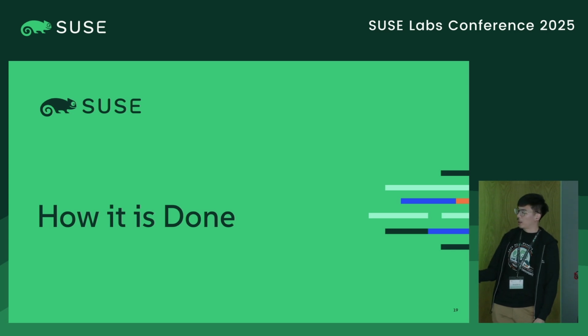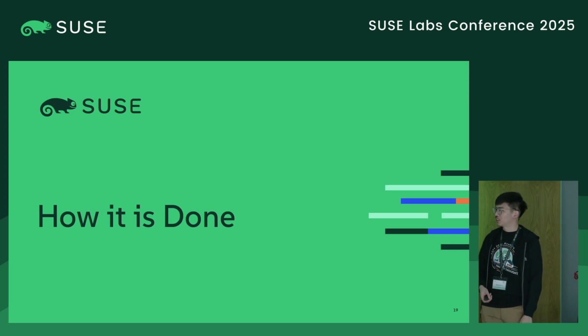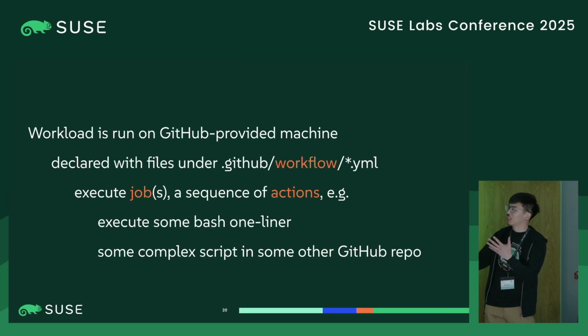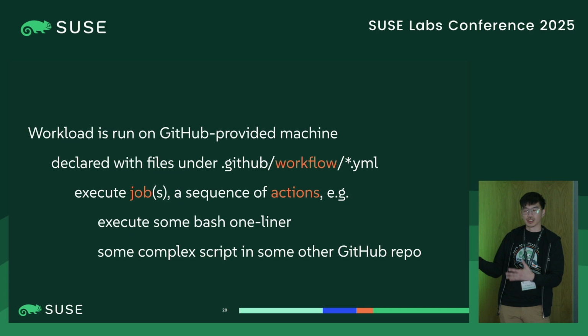Here's just a very brief introduction on how GitHub Actions runs. It has some declaration files in the Git repository under .github/workflows YAML.